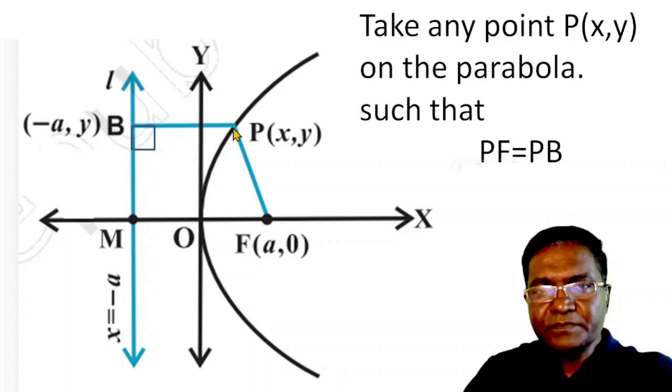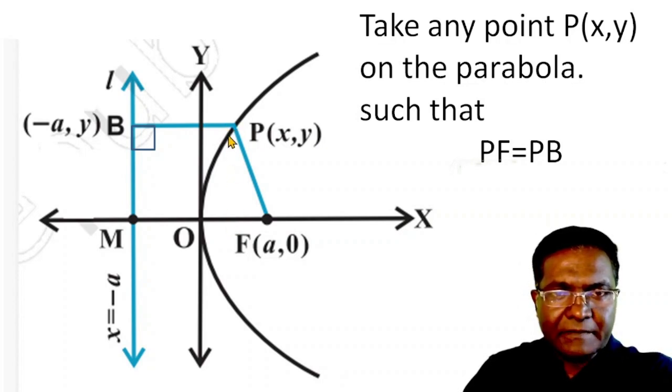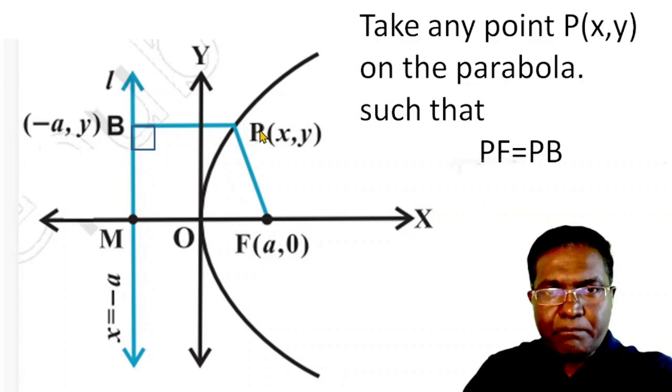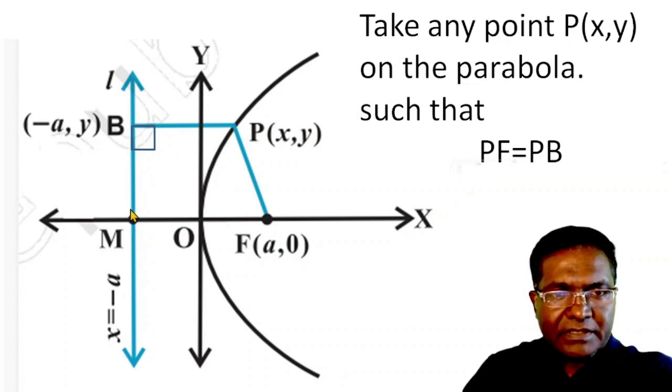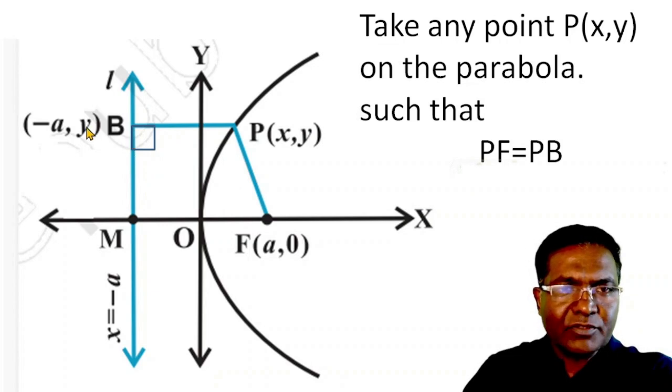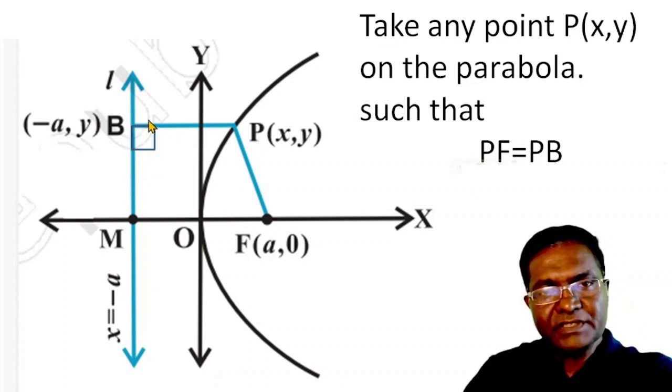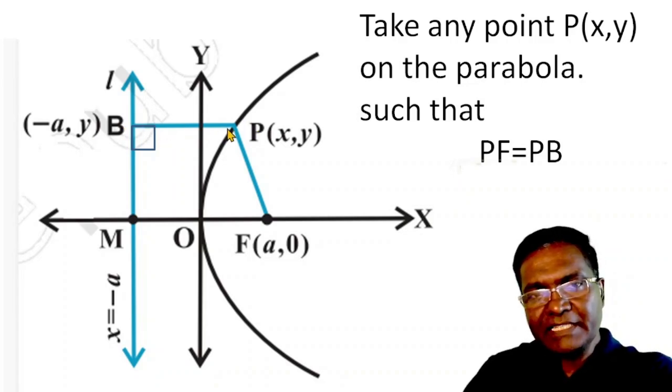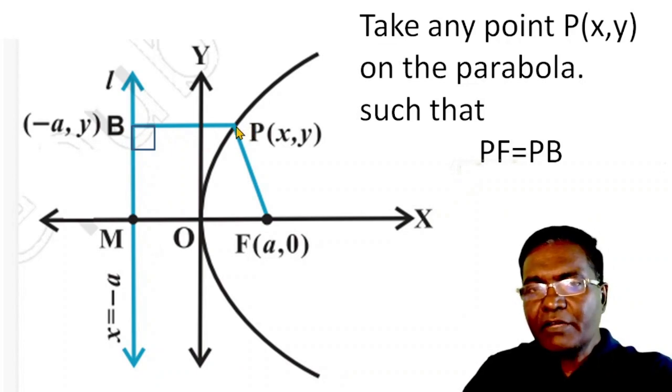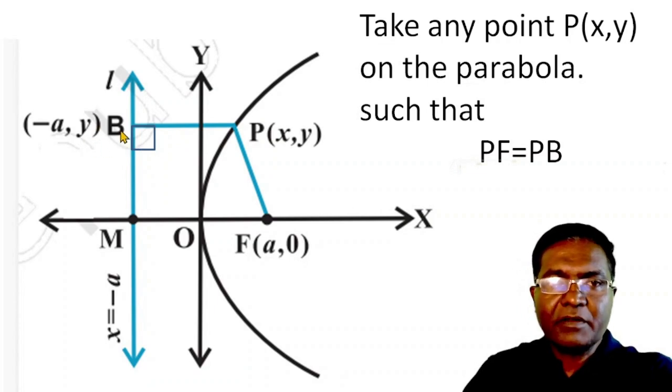The position of P from the x-axis is y, because the point P's y coordinate is y. In the same way, the y coordinate of the point B is also y, because P and B are the end points of the same line BP, which is parallel to the x axis. So whatever the y coordinate of P, the same will be for B.